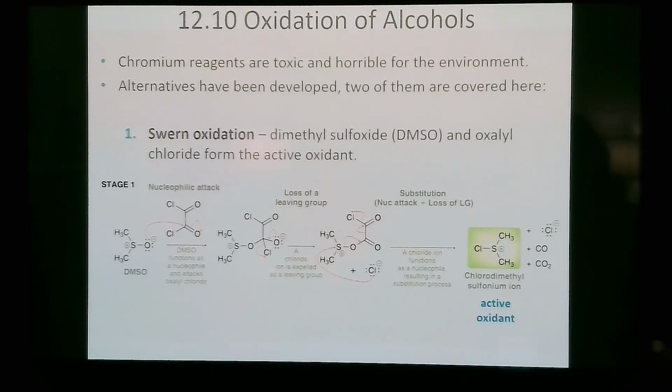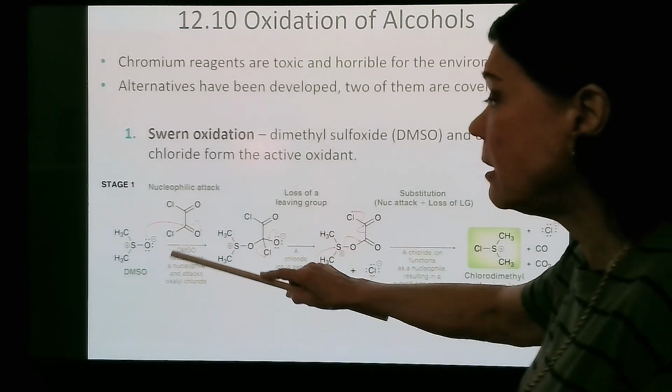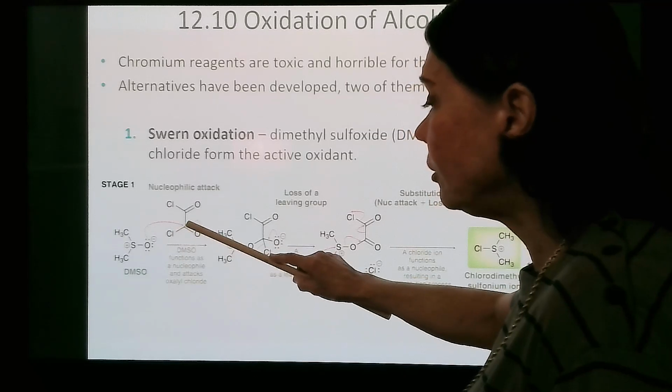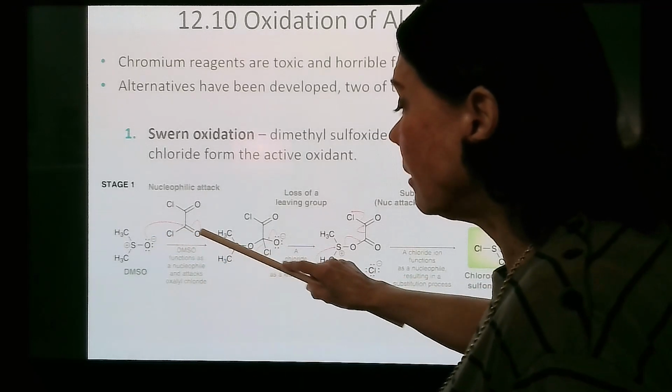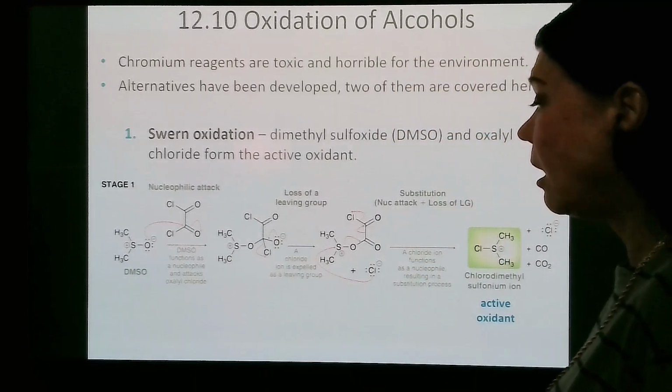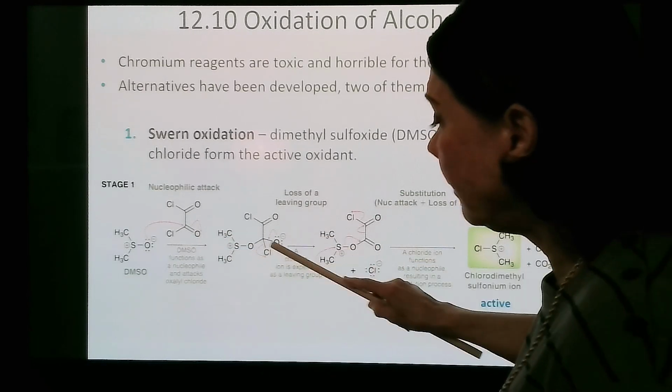The chlorodimethyl sulfonium ion. And so here, this is your oxalyl chloride. You have attack by oxygen, O-, on the carbonyl of the oxalyl chloride. Then you have reformation of the carbonyl.